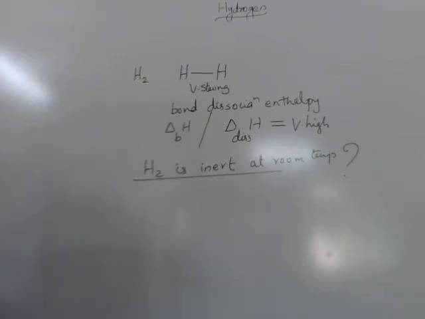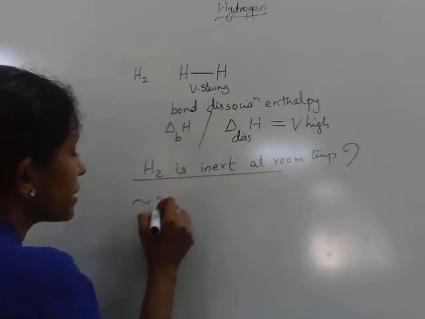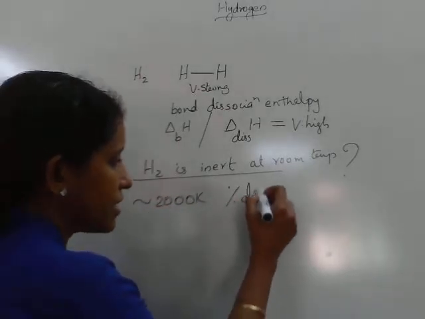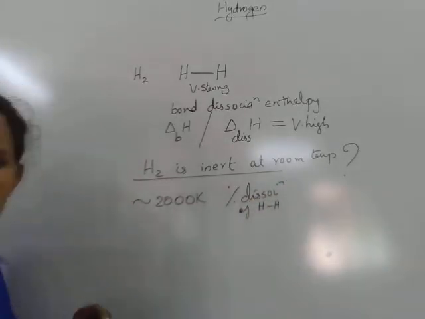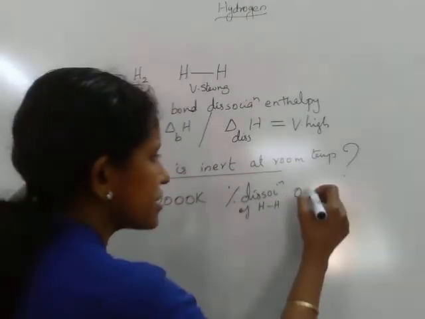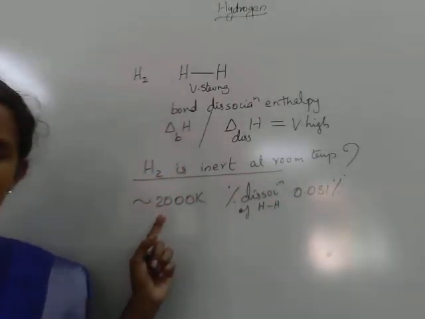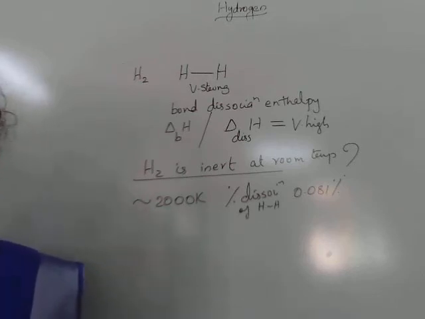But if you provide a sufficiently high temperature, approximately 2000 Kelvin, the percentage dissociation of dihydrogen is very small, 0.081% only. That means even at this temperature, dihydrogen is chemically inert, not reactive.